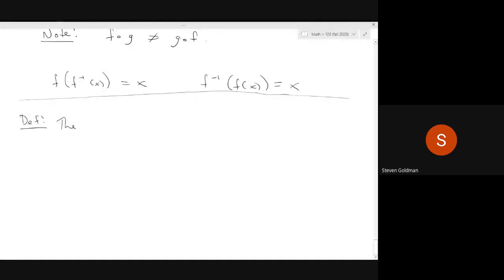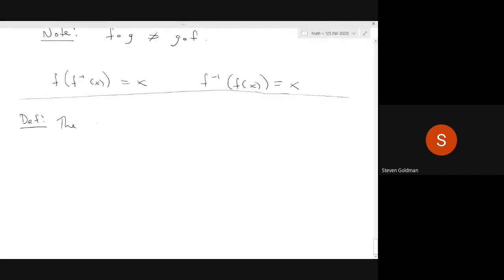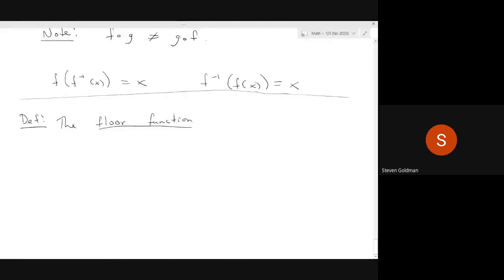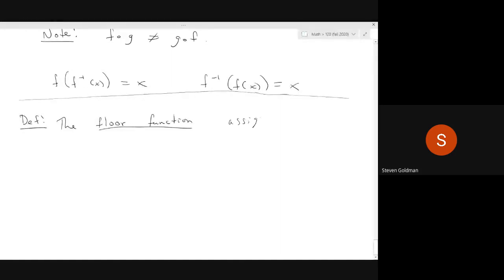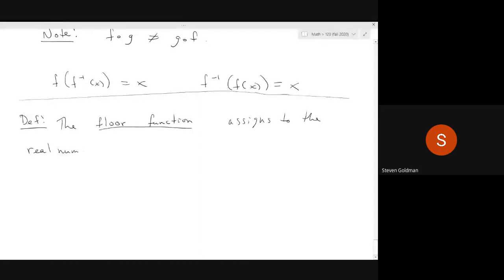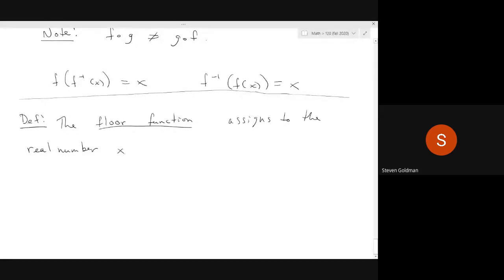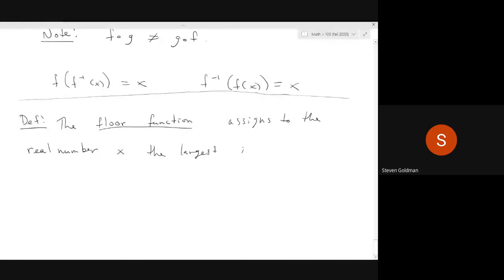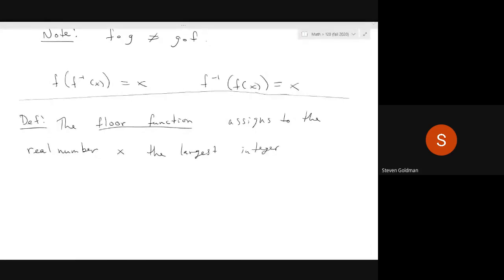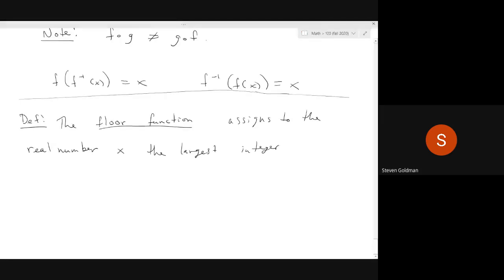Okay. So the first is the definition for the floor function. The floor function assigns to the real number x the largest integer that is less than or equal to x.